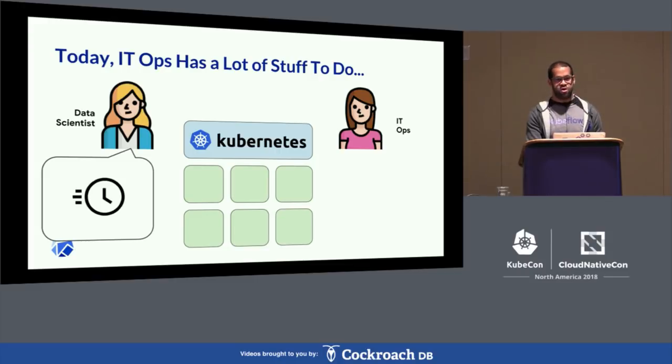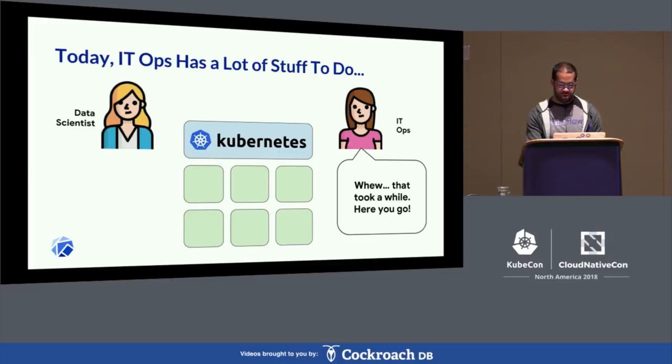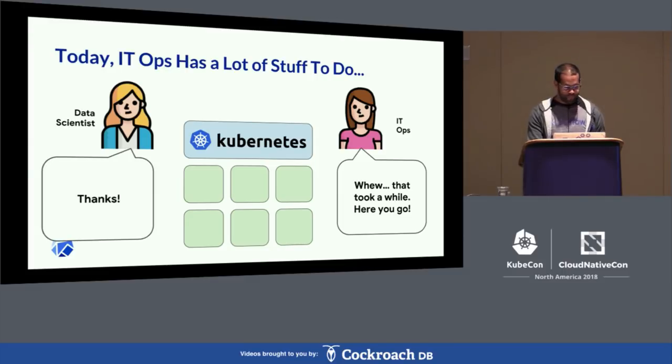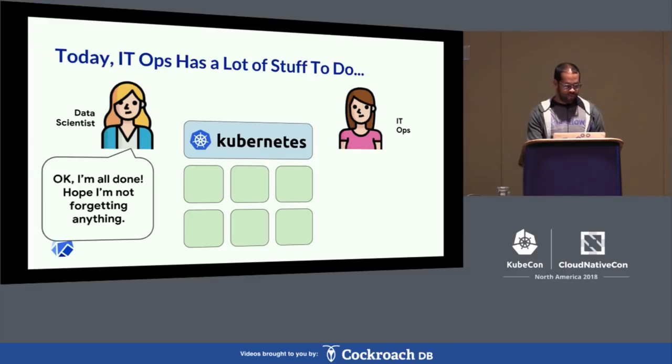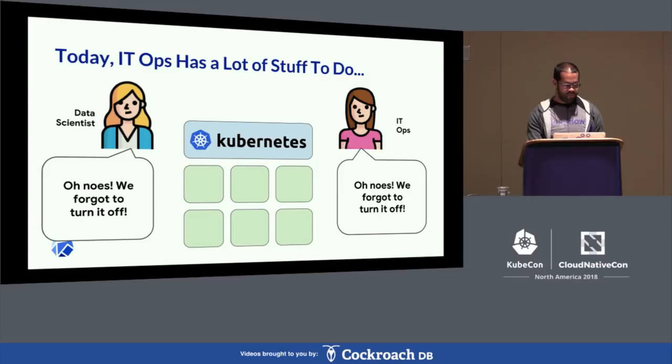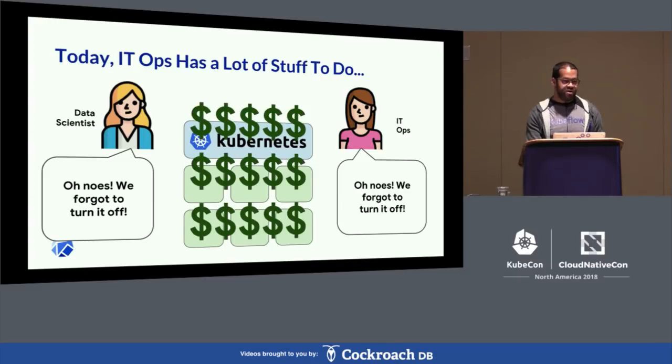Oh, IT ops eventually gets to it. Great, we have 6 nodes. Maybe this was a day later, a week later, who knows? We're happy, that was a lot of work. All right, we're done, let's go ahead and deploy. Okay, we're deployed, we've trained, let's just leave it. Oh, I forgot to turn it off. Well, I think somebody in finance is not going to be happy with us.